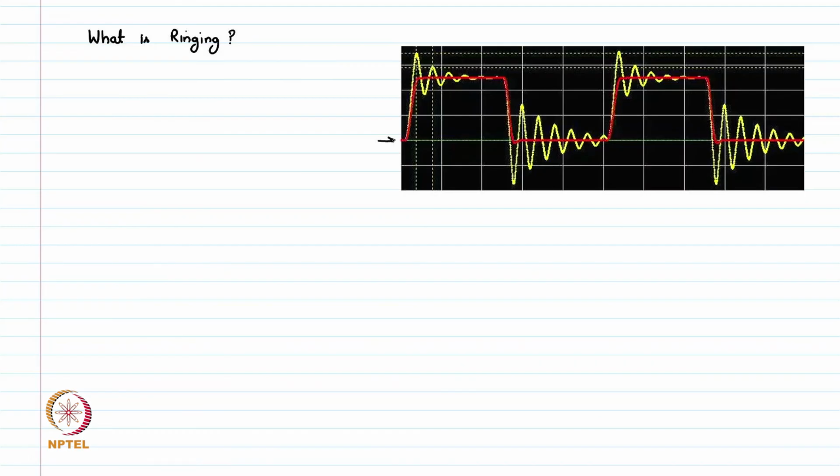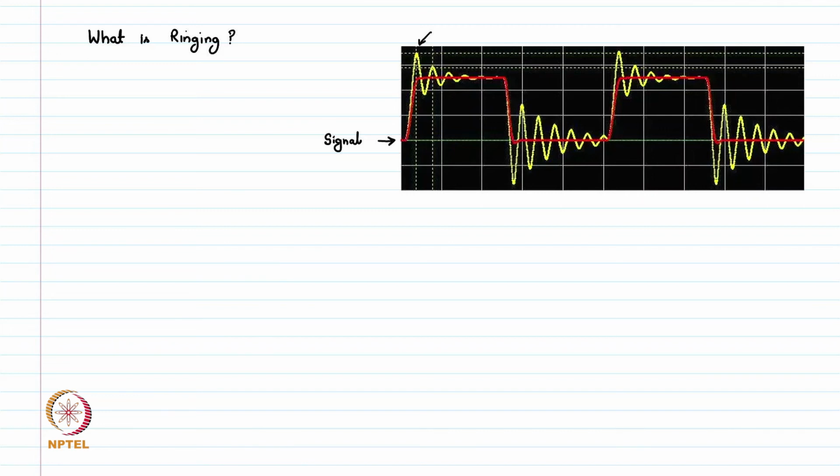This signal is the signal which we are sending into a media, and because there are signals which are bounced back at near end and far end, certain voltage is actually superimposed on our signal, and the actual signal after superimposition looks like this yellow signal.